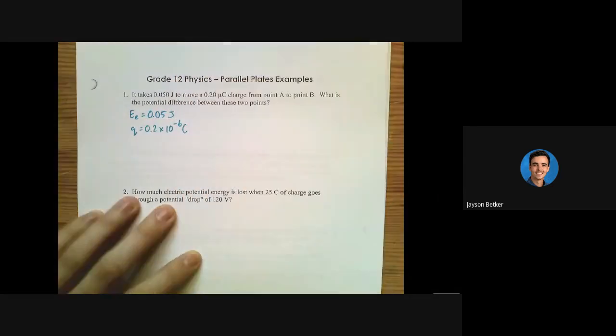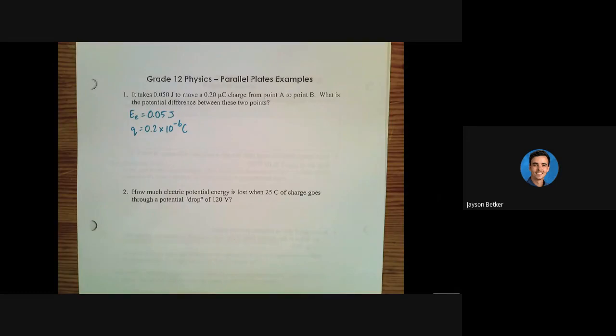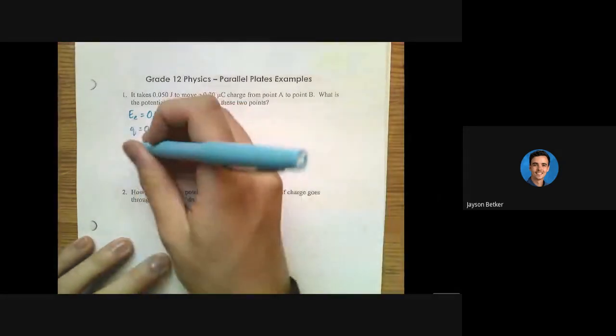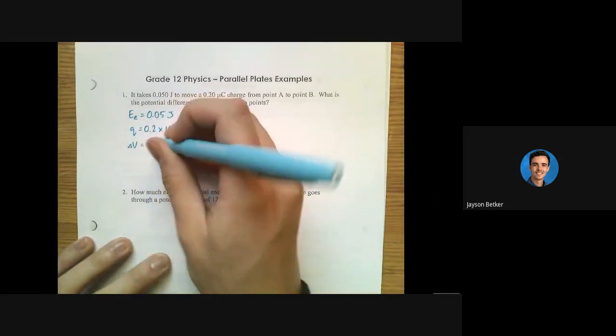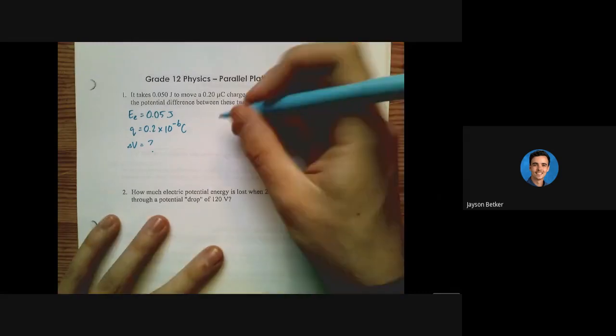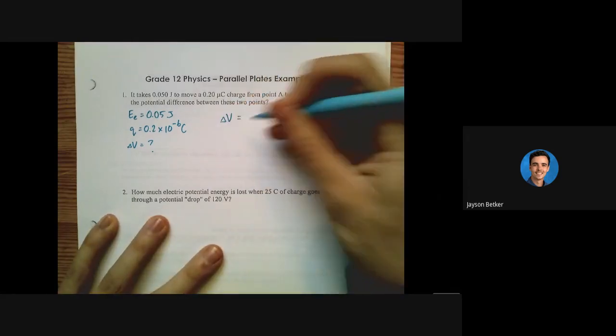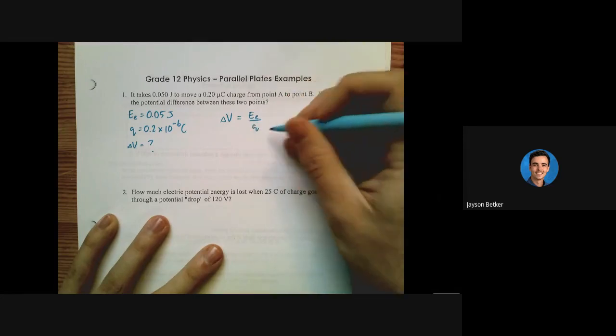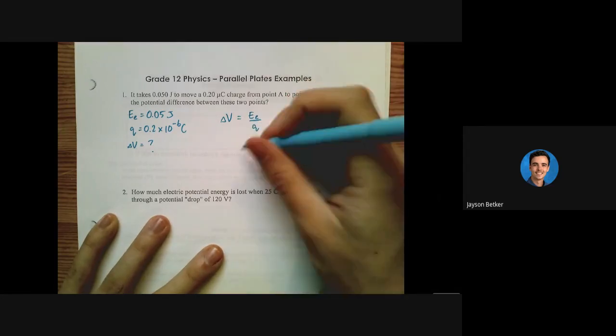I want that to become second nature for you, just converting microcoulombs to coulombs. And we're trying to find potential difference. That is delta V, not velocity. So that's an uppercase V. So delta V is equal to the electric potential energy divided by charge. That's the formula that we use.